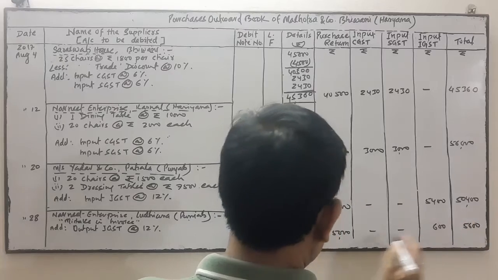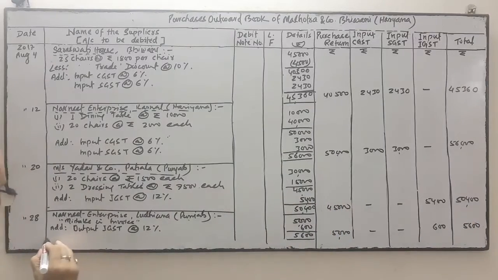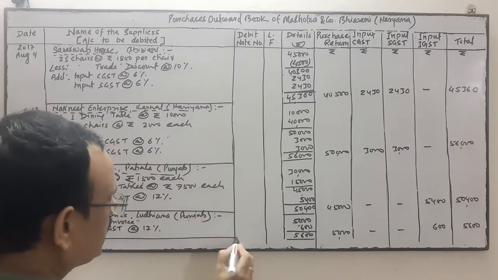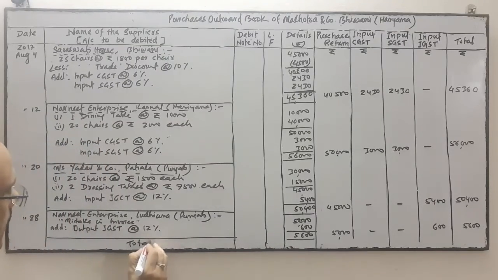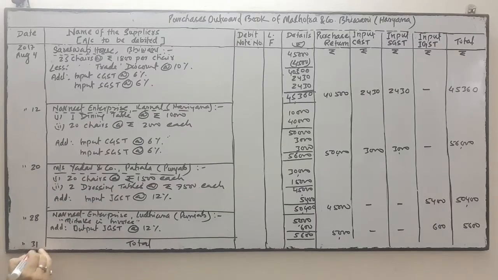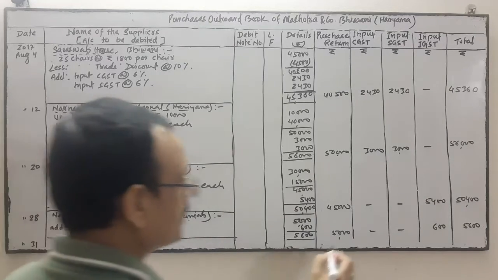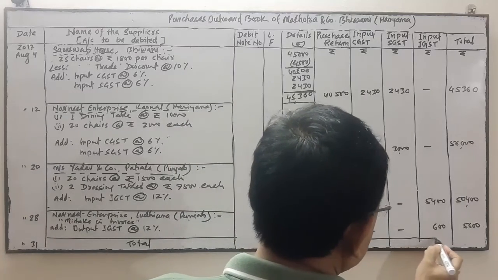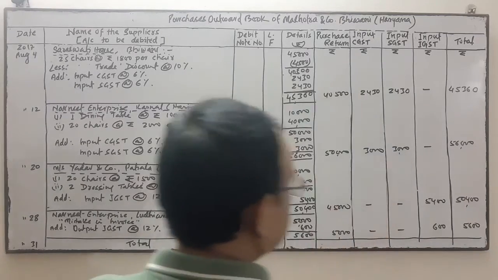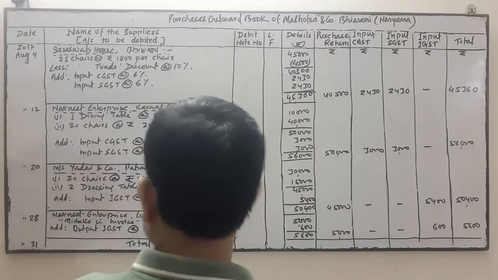So it is 5,600 in the total. Now finally at the end of the month, which is August, ending on 31st, we will do the total of purchase return, input CGST, input SGST and input IGST.